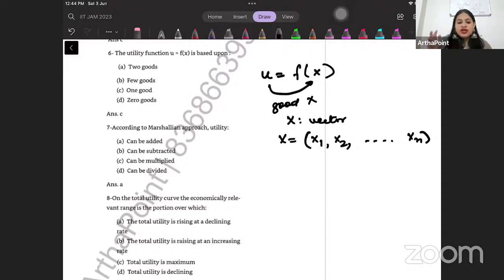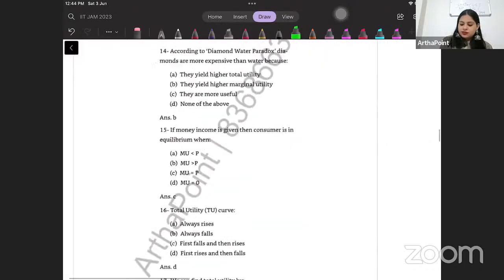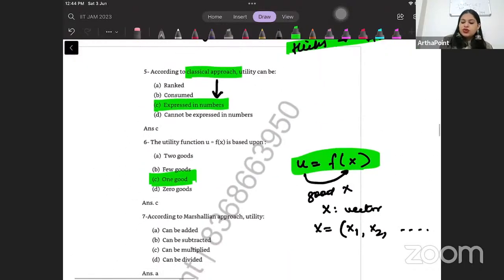That x, utility is a function of many goods. बट अभी के लिए, बिकॉज दिस इज सिंपल माइक्रो इकोनॉमिक क्वेश्चन एंड अंदर सिर्फ एक x है, आई विल गो विद द आंसर वन गुड. So utility is a function of one good.